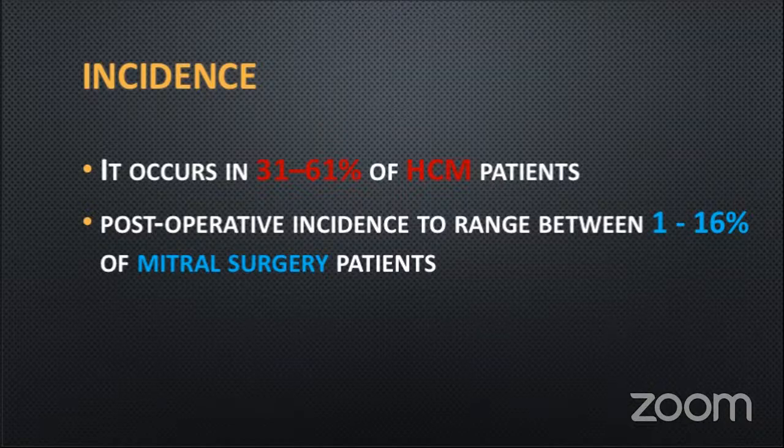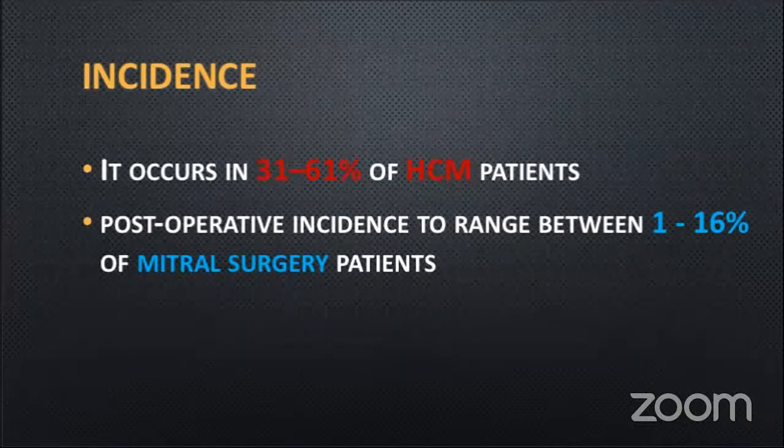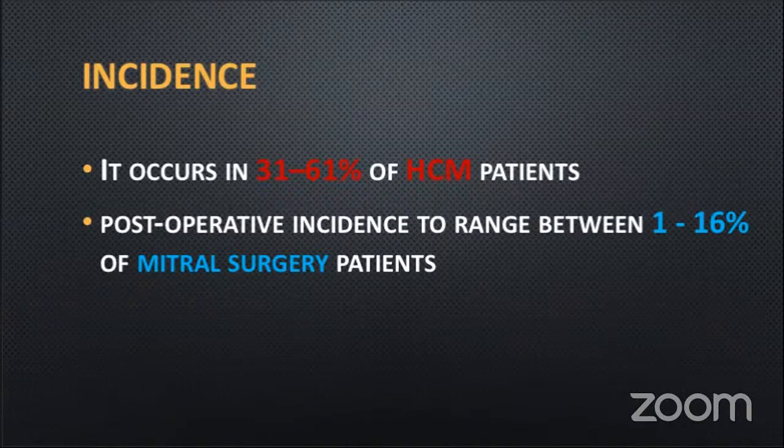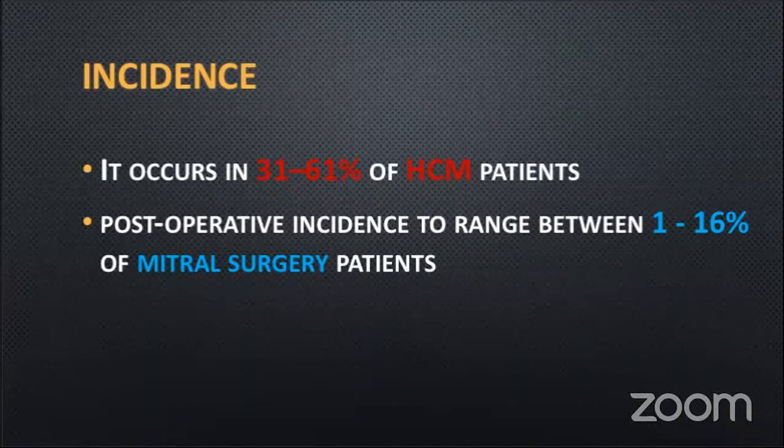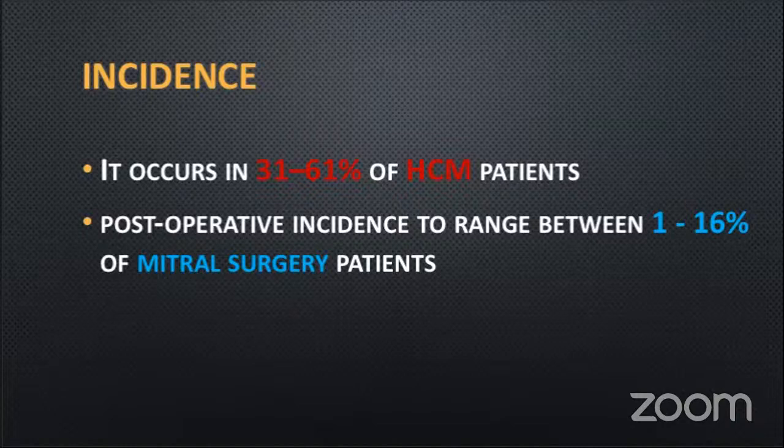After the initial description of systolic anterior motion as a complication of mitral valve repair, many investigators reported its postoperative incidence to range between 1 and 16% of mitral surgery patients. So we can see in this slide that it is most likely happening in association with hypertrophic cardiomyopathy, and second in line is post-mitral surgery, typically mitral valve repair.